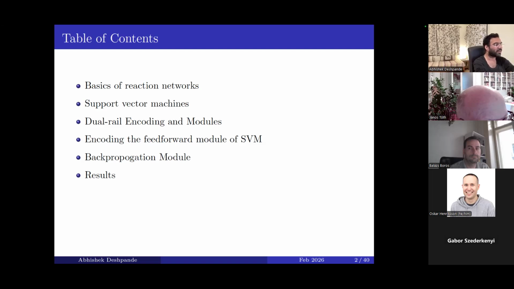In particular, we'll be using certain modules and what is called the dual rail encoding. And we'll be implementing two things, the feed forward module of SVM and the back propagation module of SVM. And in the end, I will summarize some results that we have got by using CRNs to implement SVMs. All right, so that's the broad outline of the talk. So let me get started.